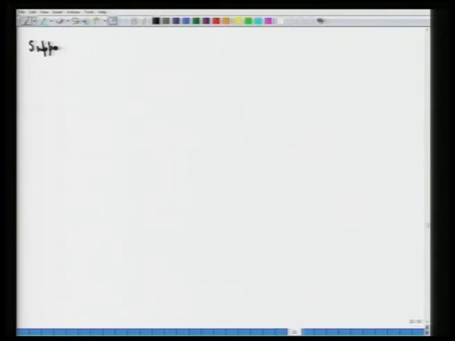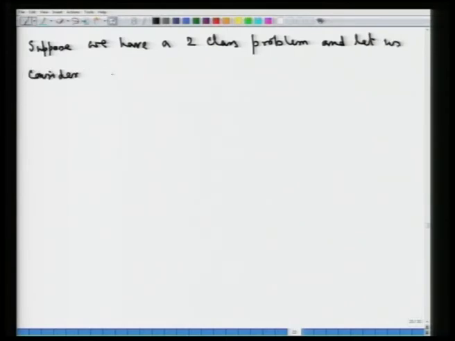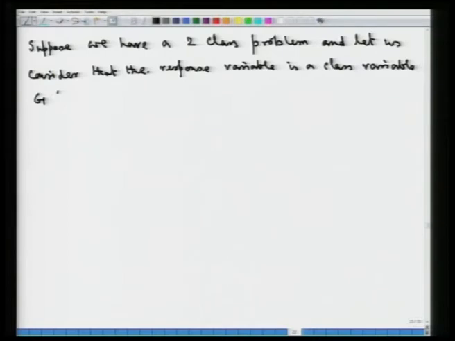Suppose we have a two class problem. That is, there are two possible populations, pi 1 and pi 2, and let us consider that the response variable is a class variable, denoted by g, taking values either 0 or 1.